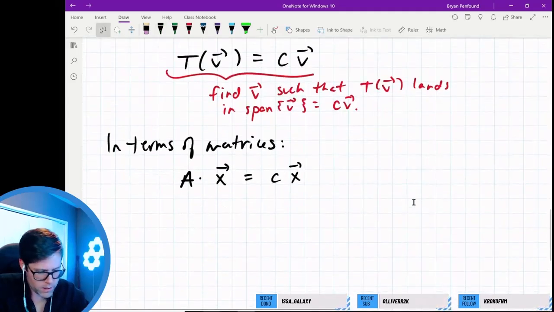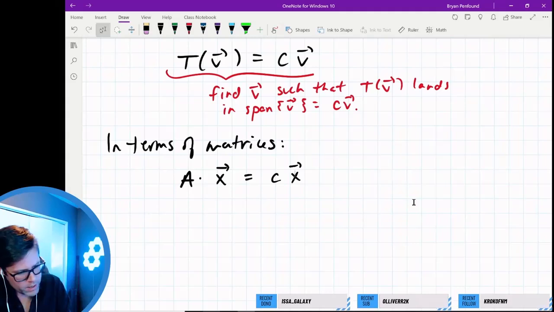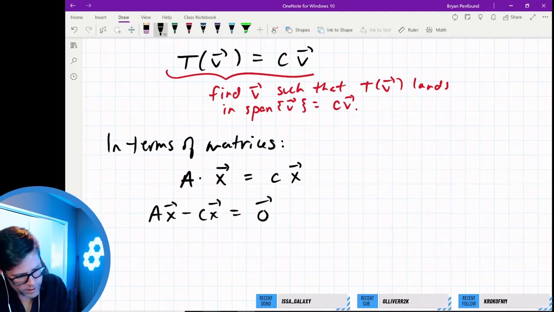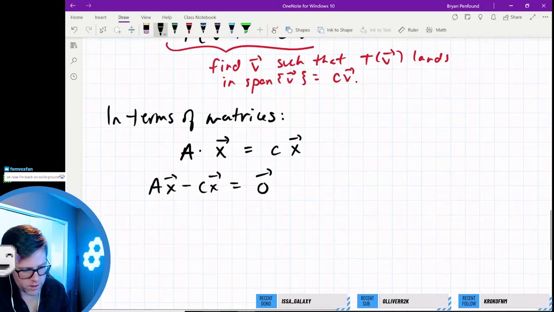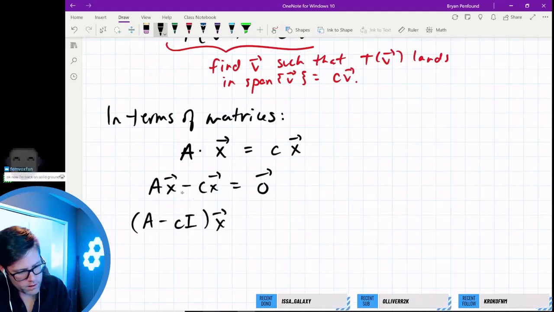And we know that this is a realistic thing to do because of all of the legwork we've done in the last couple hours. So maybe let's move some stuff around. Maybe Ax minus cx should be equal to the 0 vector, right? So we can rewrite this as a homogeneous linear system, and of course we can factor out x on the right-hand side, and we get something that looks like this.